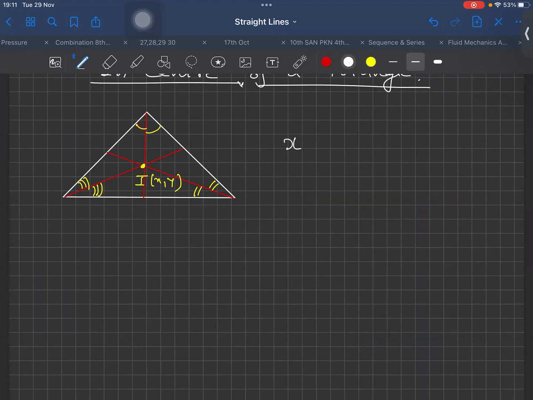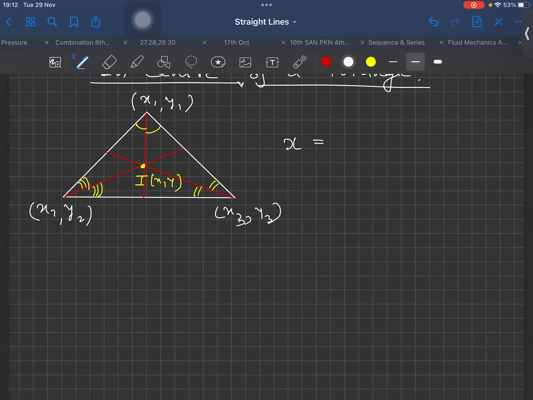So how do you find X? Again, X1, Y1, X2, Y2, X3, Y3. Incenter is a little difficult. I have to give you the ratio.